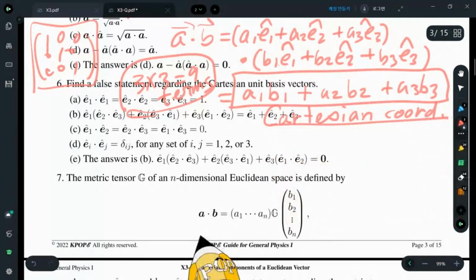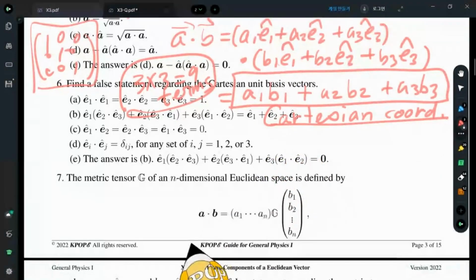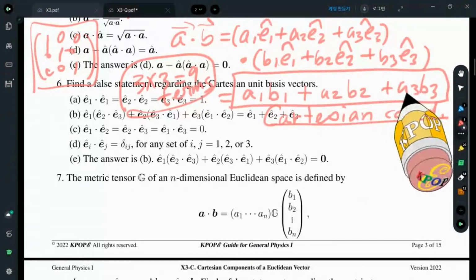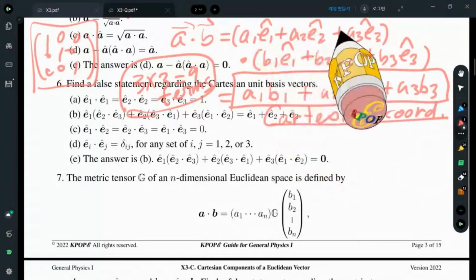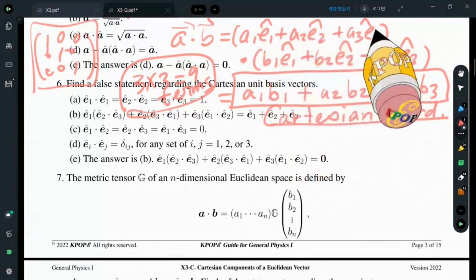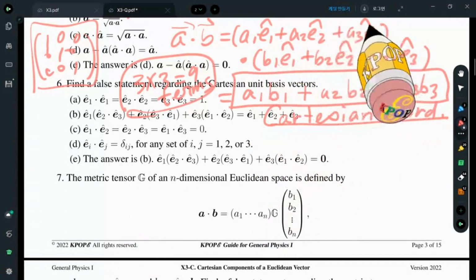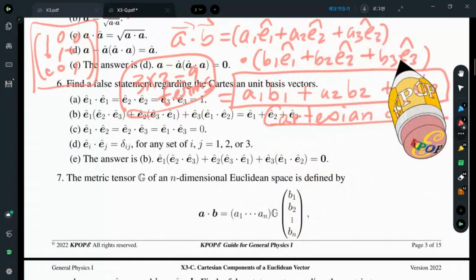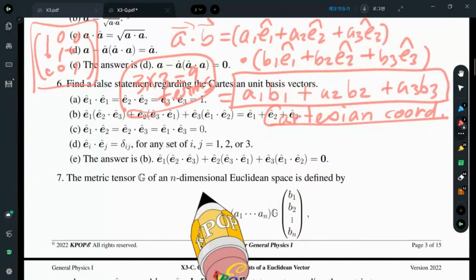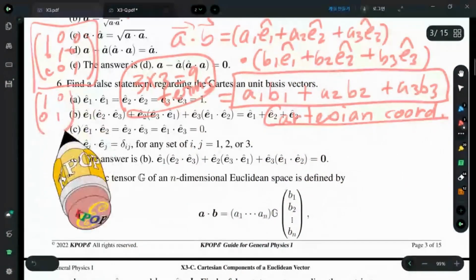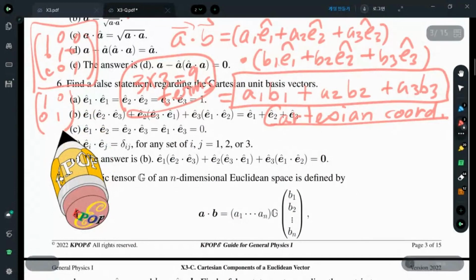Cartesian coordinates are very useful. This is three-dimensional, 1, 2, 3. In 2 dimensions, you erase the third component, and the multiplication table is simply this 2 by 2.